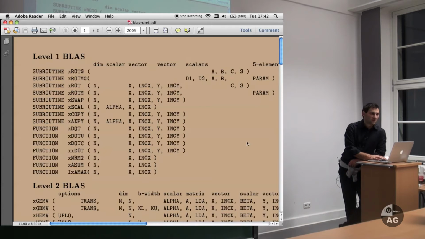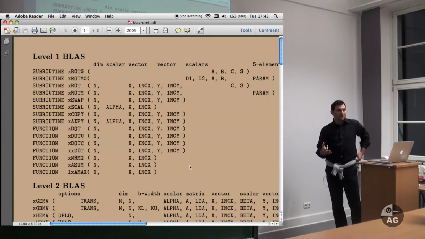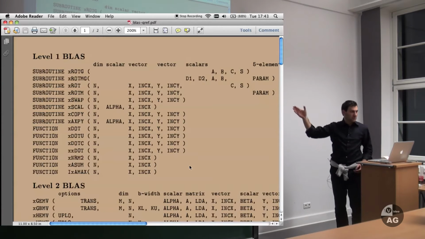BLAS 1 routines are not super important. The important ones are scale, copy, AXPY, dot, and norm. Yeah, the norm of a vector, of course. So the interface is standardized, is fixed. So it doesn't matter which BLAS library you're using, the interface will always be like this.